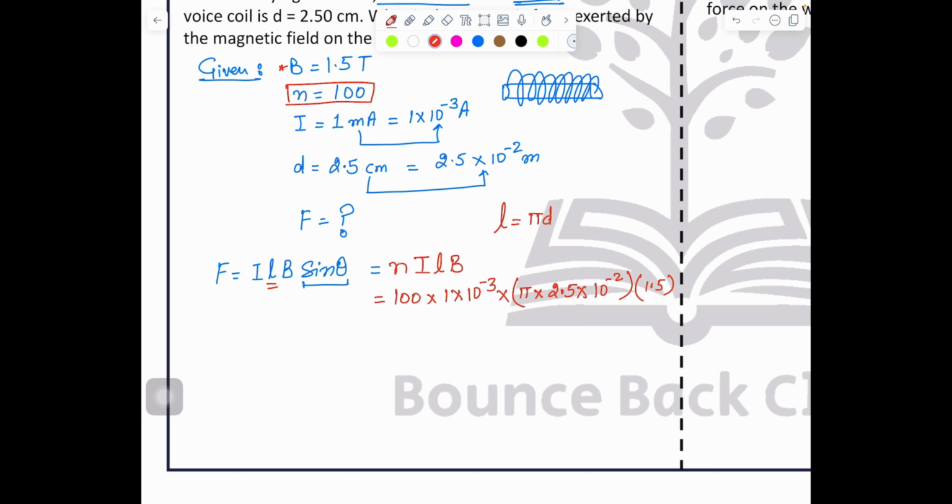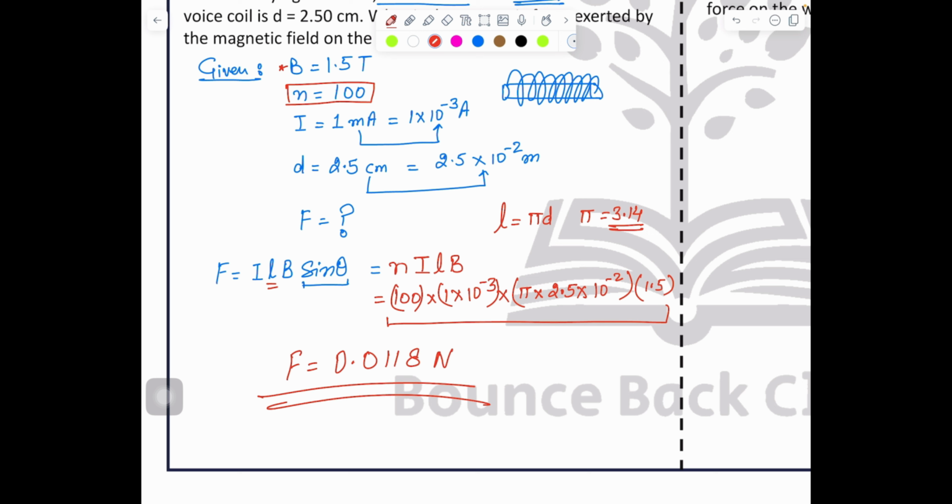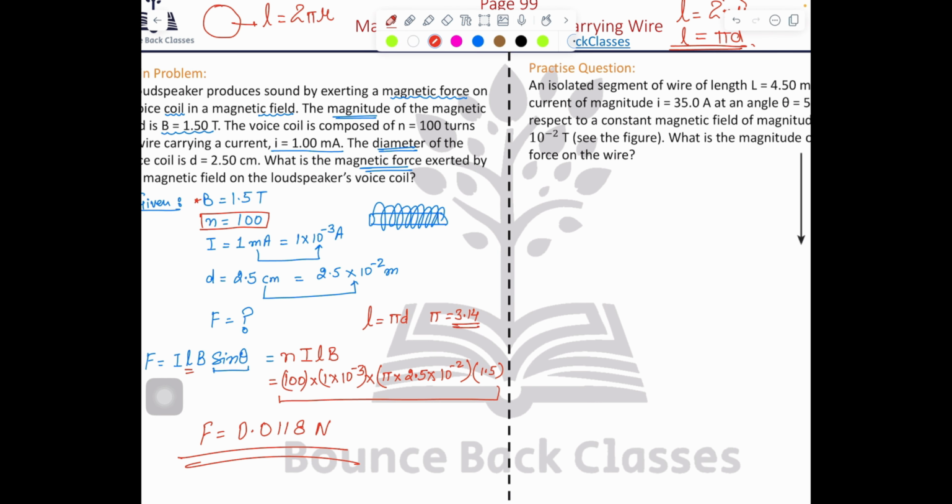Use pi as 3.14 so it becomes easier to solve. Put all these values in your calculator, and the force will be 0.0118 Newton. Clear? The logic is clear, right? If the logic is clear, you are able to solve it.